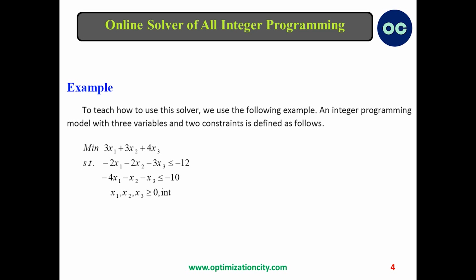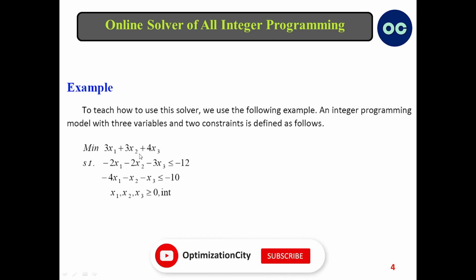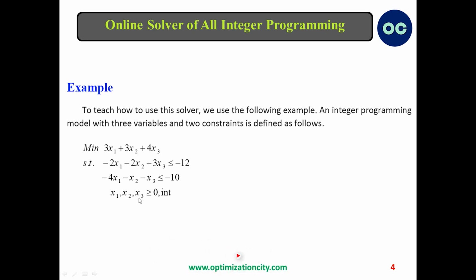We are going to minimize the objective function like this with two constraints like this, and we have three decision variables which are all integer, and you can see that the constraints are in the form of less than or equal.